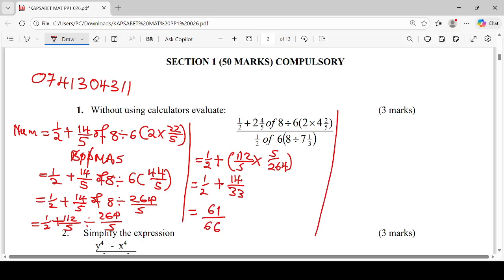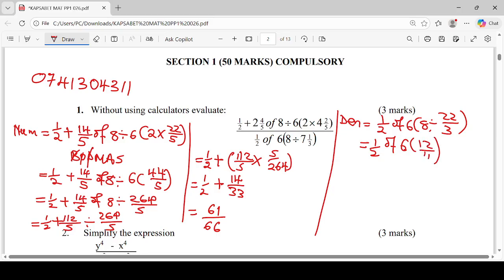Once you are done with the numerator part, let's look at the denominator of this equation. So that is a half of 6 into 8 being divided by 22/3. So this will be a half of 6 into, when 8 is divided by 22 over 3, you're going to get 12 over 11.